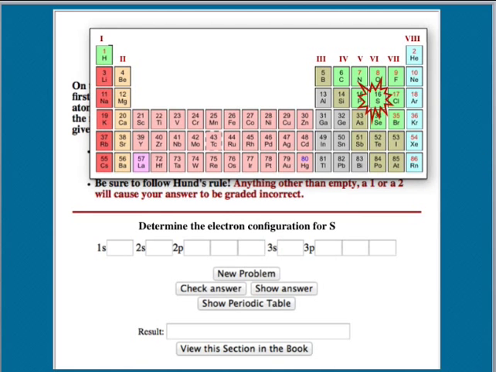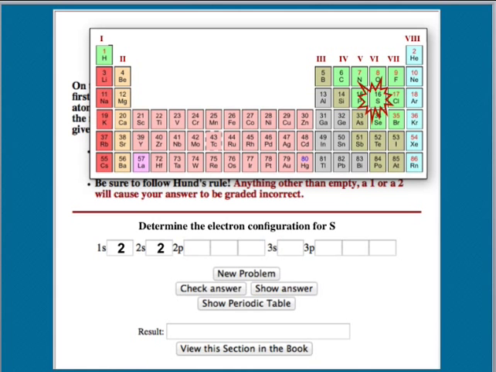There it is. Now, like we said before, because we're in the 3rd period, we've filled up the first with 2 electrons, right? There it is. We have 2 electrons in these guys.